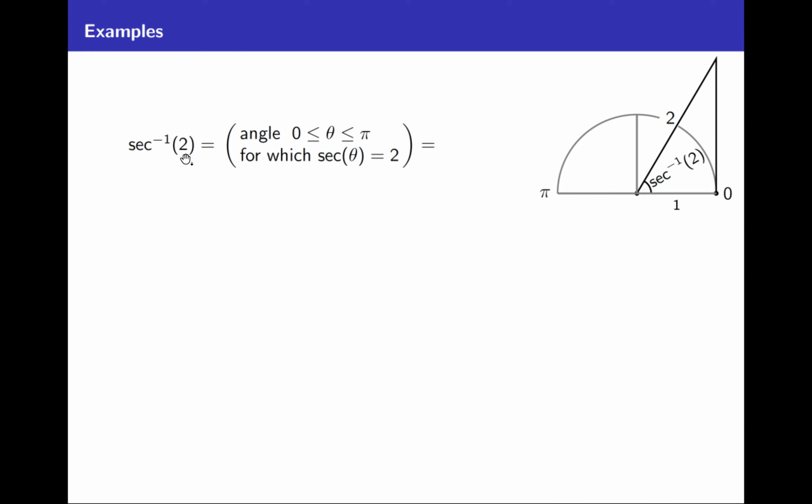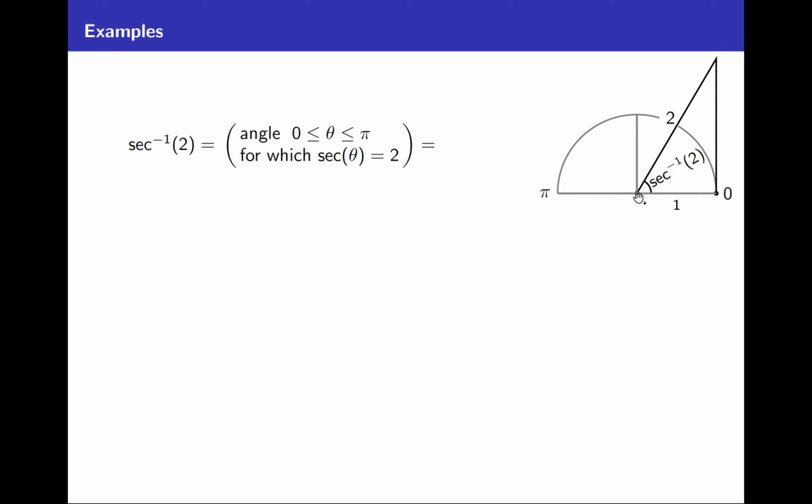And the input 2 is our hypotenuse in our picture of secant. So we draw a triangle here with hypotenuse 2 and, of course, adjacent side 1. And secant inverse of 2 is going to be this corresponding angle. The angle where if you took secant of it, you'd get 2.